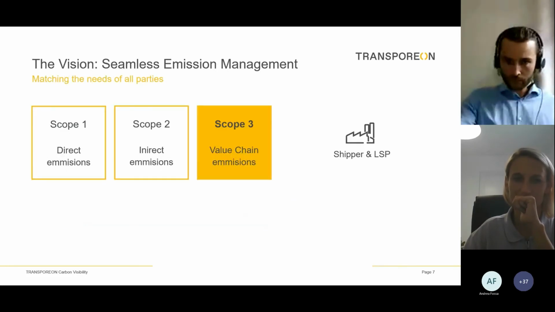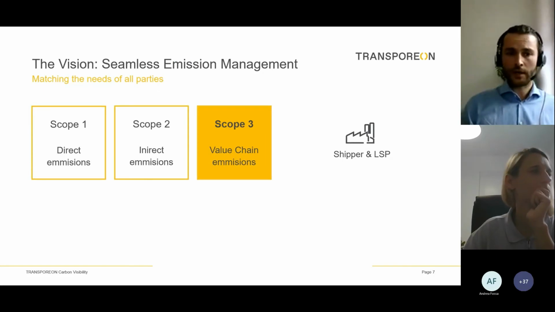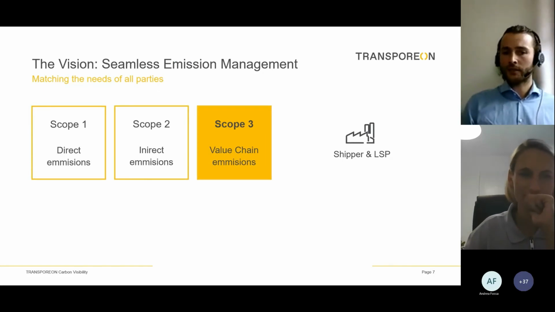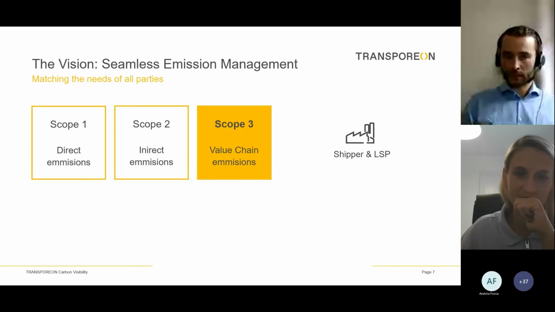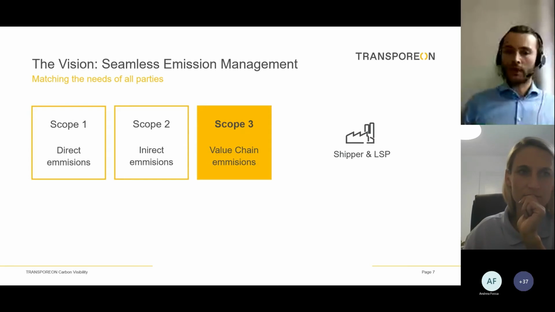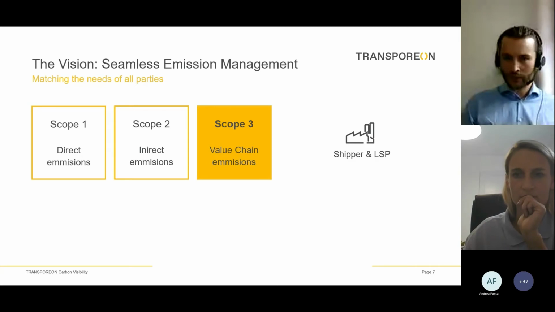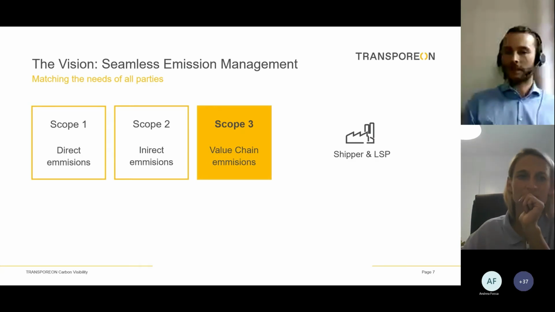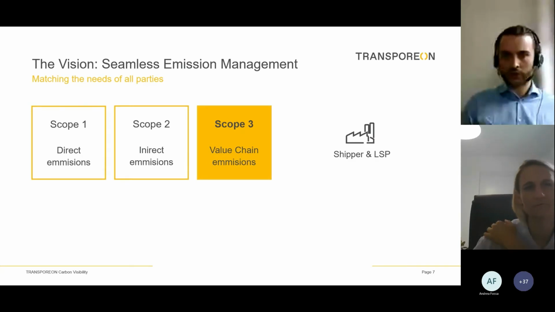And what is it that we do in Carbon Visibility? As Alan has shared, we have three scopes in emission management. We have the direct emissions in scope 1, the indirect in scope 2, and the value chain emissions in scope 3, which we have looked into in detail within this case study, since GTK is one of the main suppliers for transportation for IKEA. But the problem is that IKEA has a lack of data to manage those emissions.